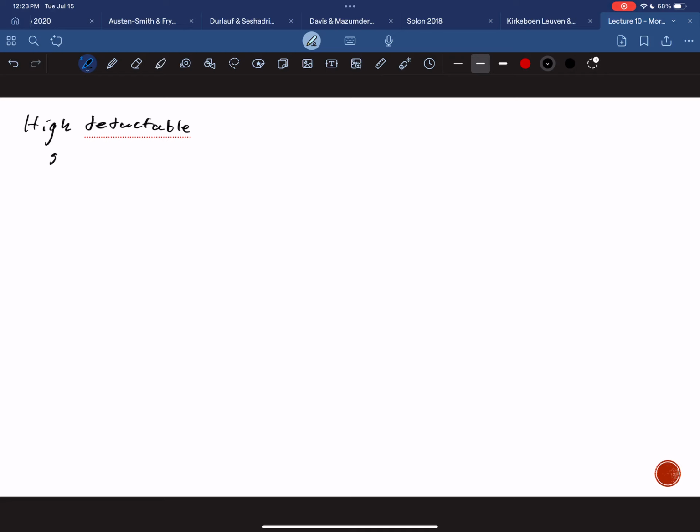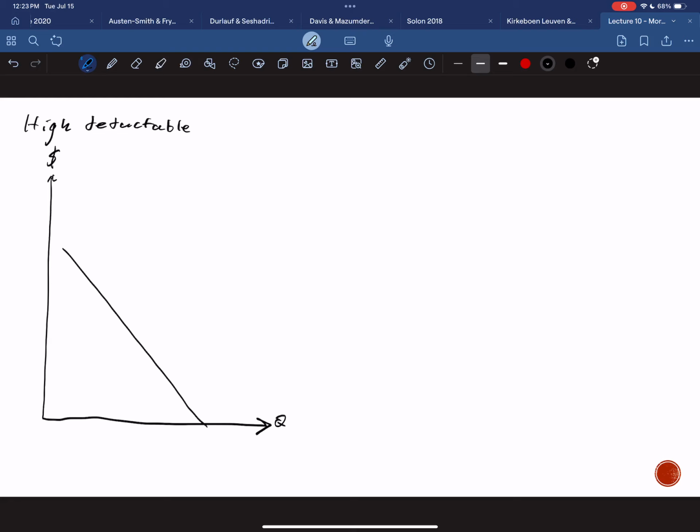We have dollars here and quantity here, and we have our demand curve. This is the price uninsured. We have our very high deductible, and we have our price copay. So let's go ahead and draw all the lines.